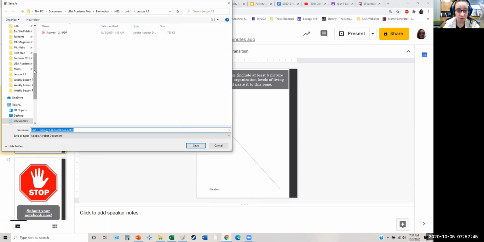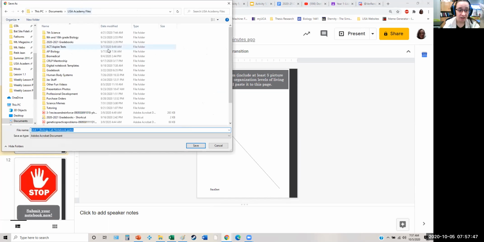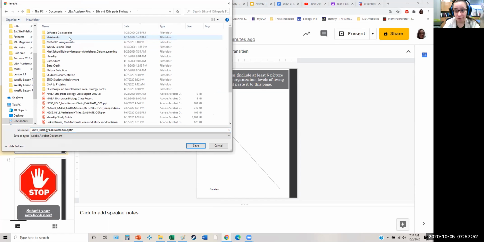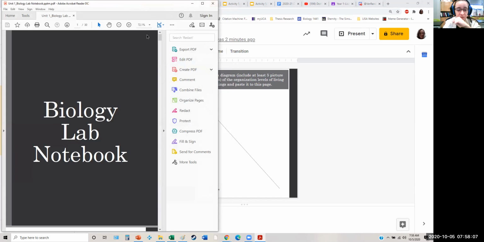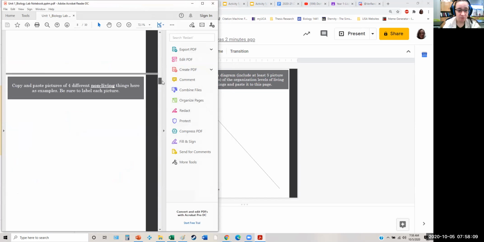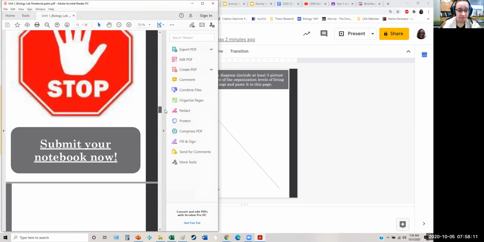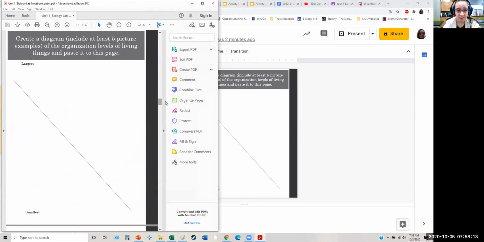And this is going to save it somewhere on your computer or your Chromebook. So I'm just going to save mine here in my biology folder, right? And then it creates a PDF for me. And of course, it's got my edits on here, which is not very much.